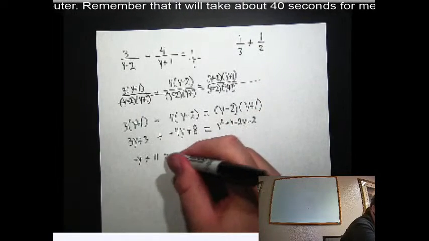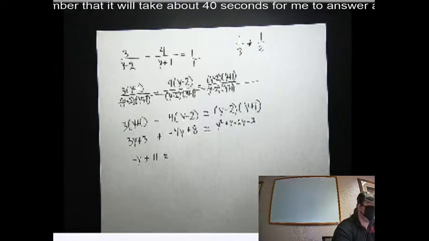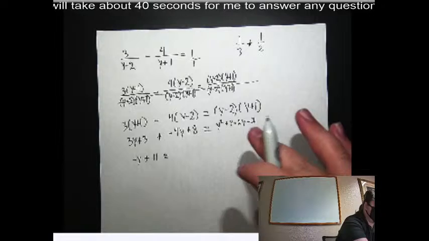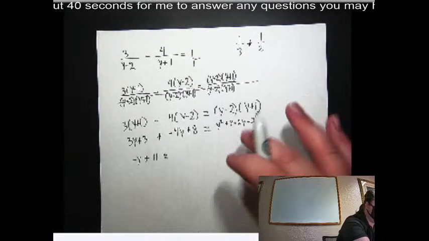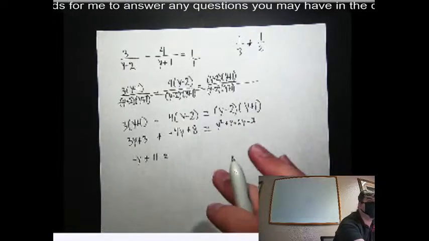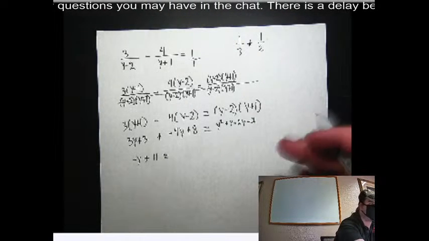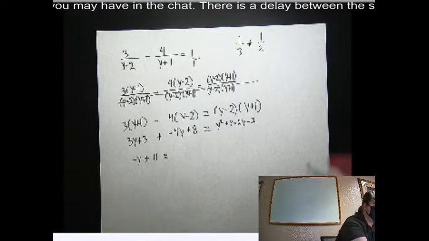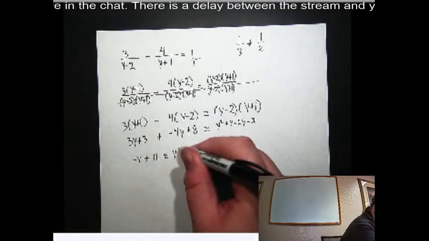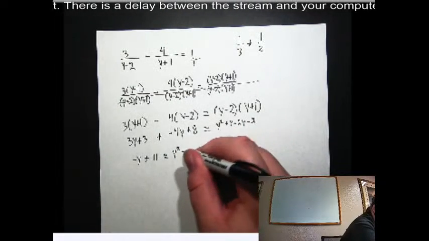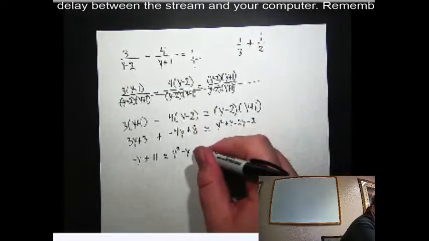Okay, equals, let's see, over here we've got like terms of y and negative 2y, so 1 minus 2 is what? Yeah, negative y, so y squared minus y minus 2.